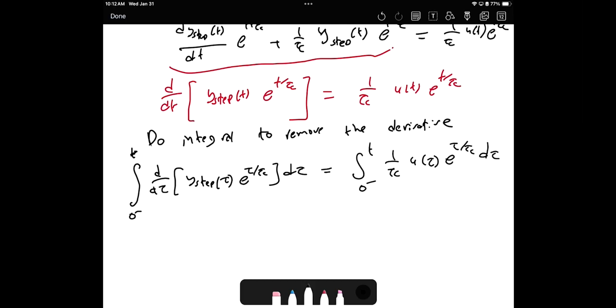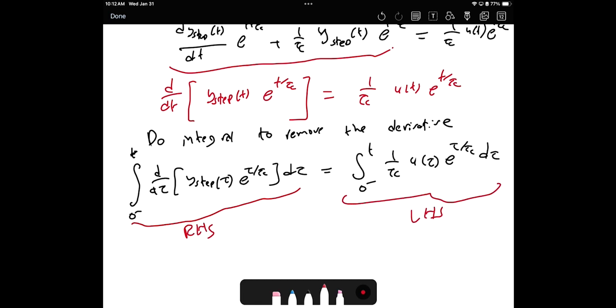Now, how to do the integral? This is the left hand side, this is the right hand side. Let's do every side alone.